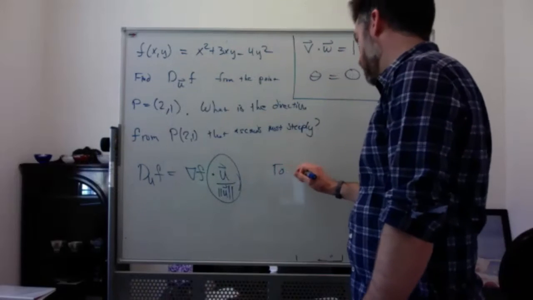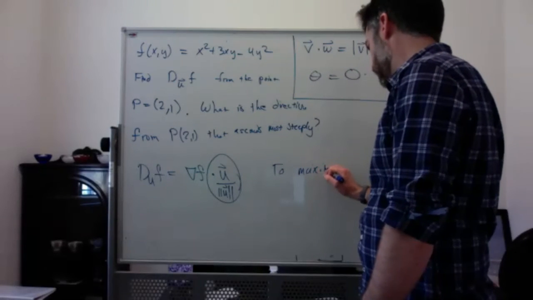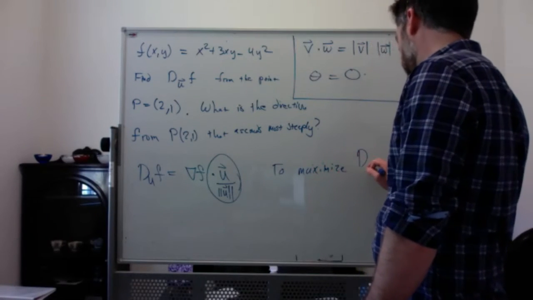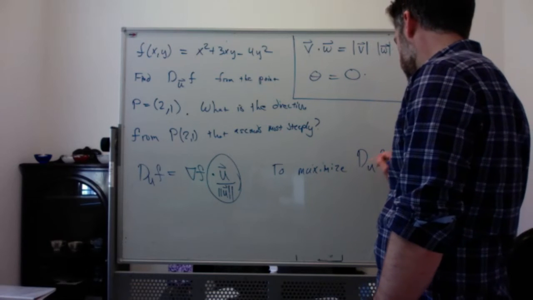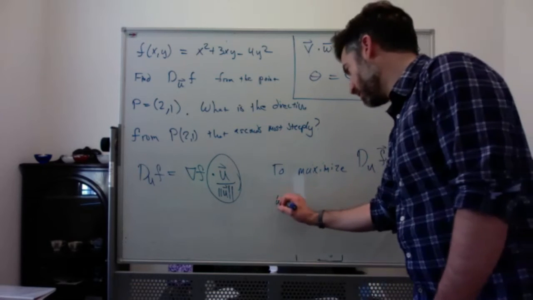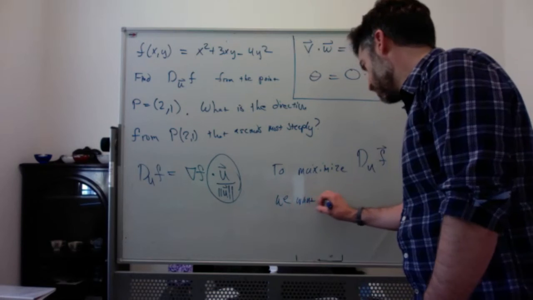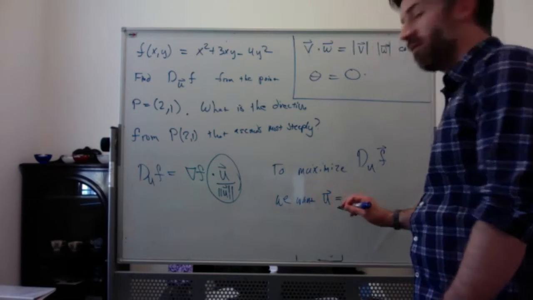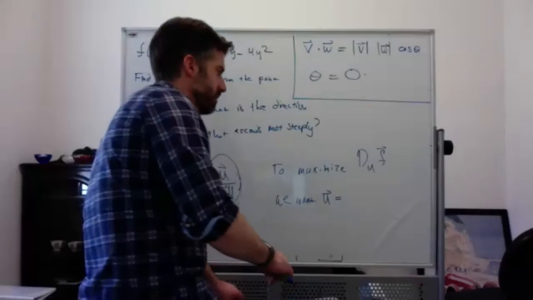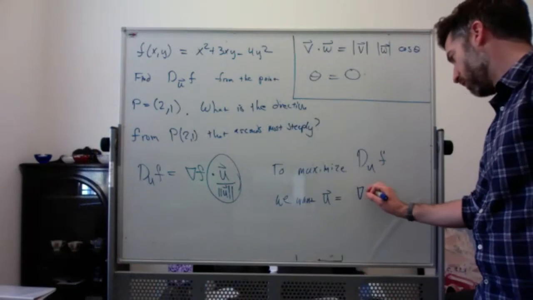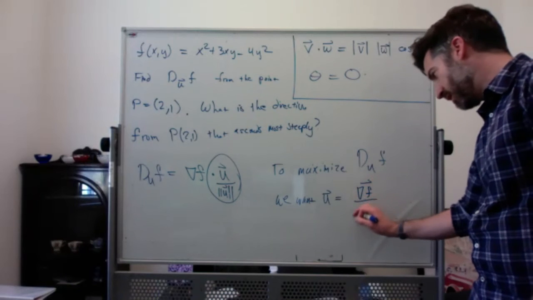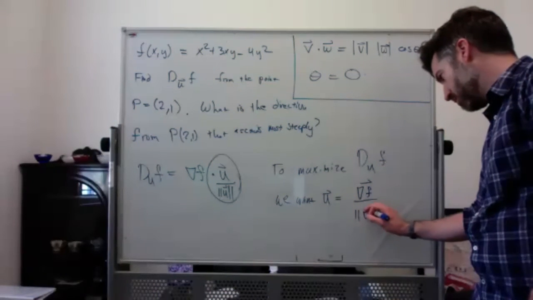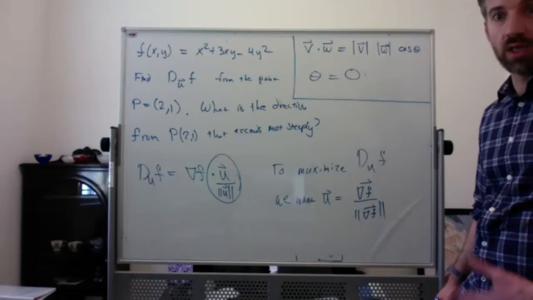So to maximize the directional derivative, we want u to just be the gradient vector divided by its own magnitude, of course, so that it is a unit vector.